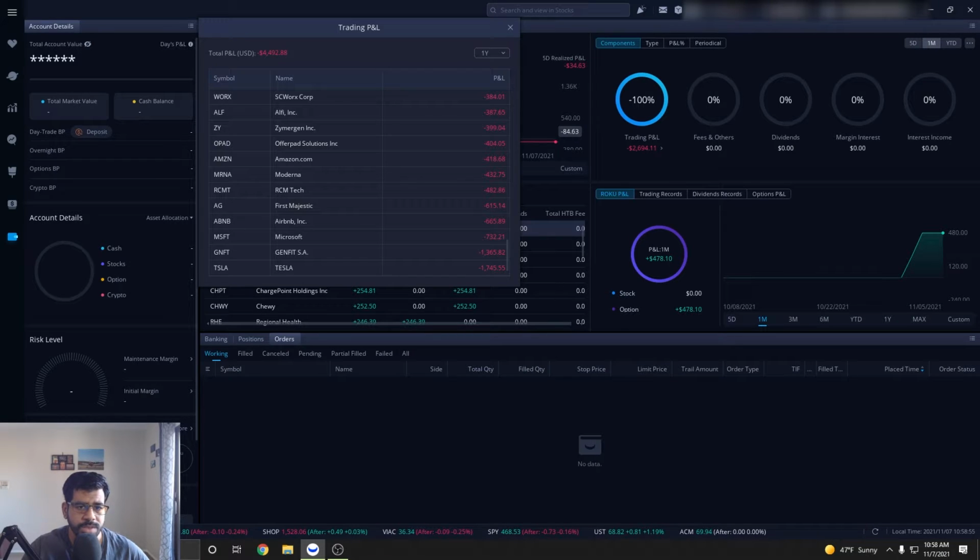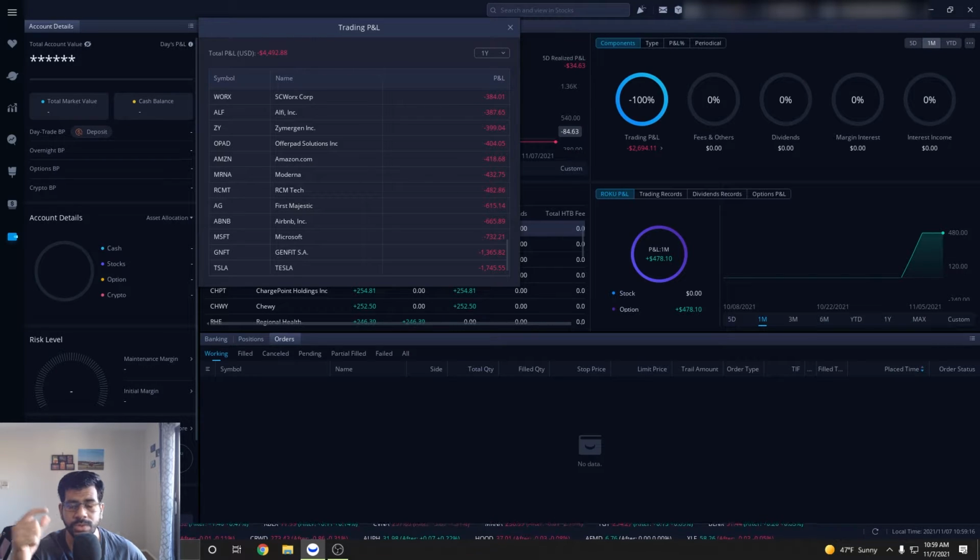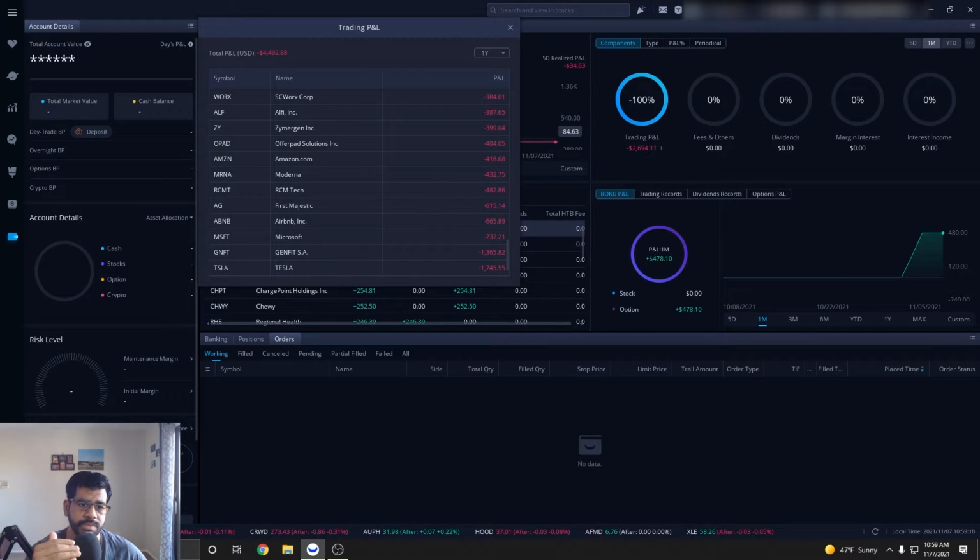The other big loss that I took was on Amazon. Now, as you can see here, it's just showing $418, but I was holding a call spread, which cost me around $3,000. Amazon was at the 3,000 to $4,000 level, and my call spread was between 3,800 and 3,850. So that was kind of a big leap.